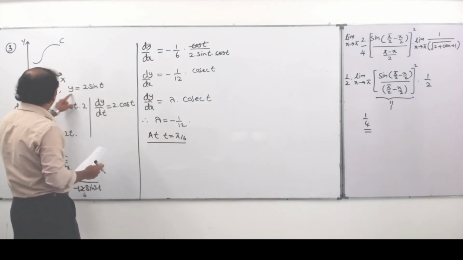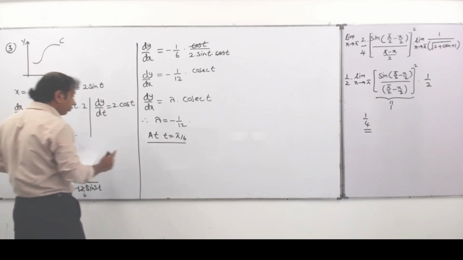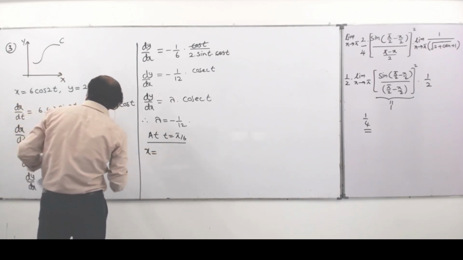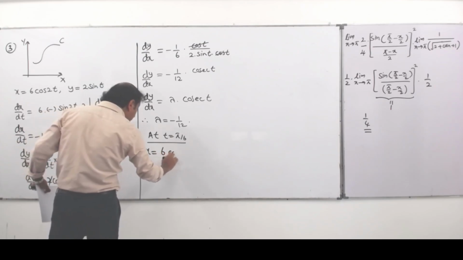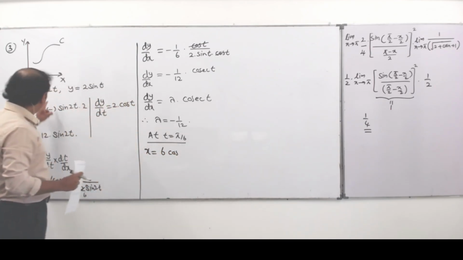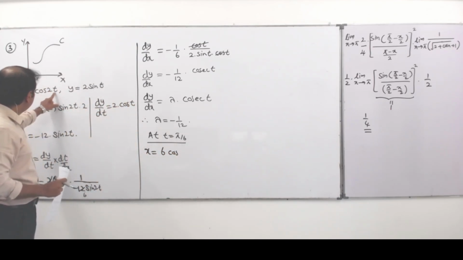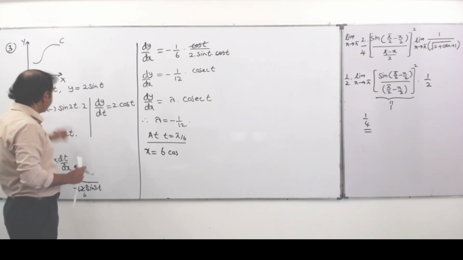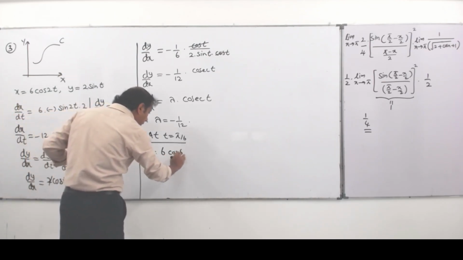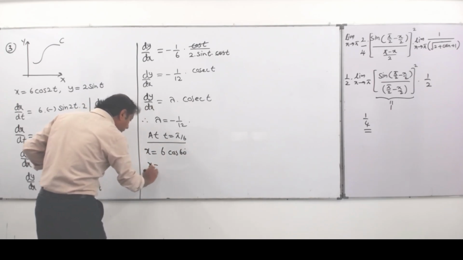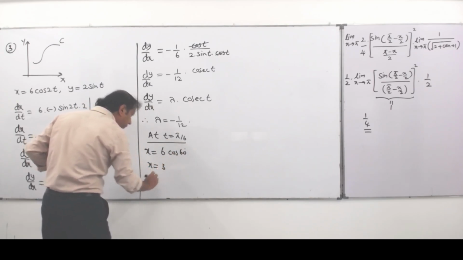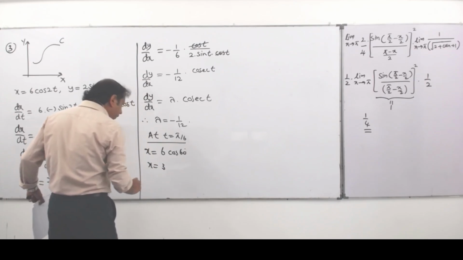Then we get x and y coordinates of that point. x equals 6 cos, t is 30, 2 into 30, 60, 6 cos 60. Right, that gives us x equals, cos 60 is half, 3. Right. Then what is y?